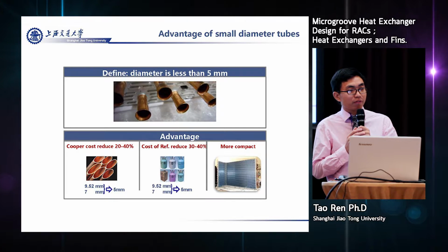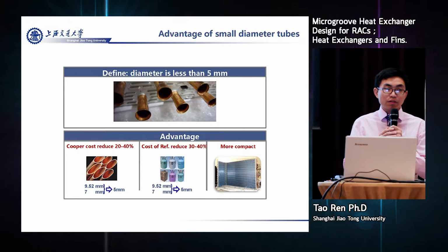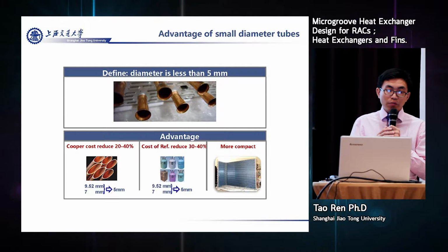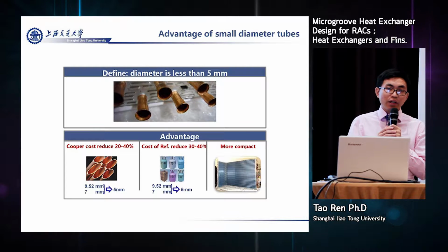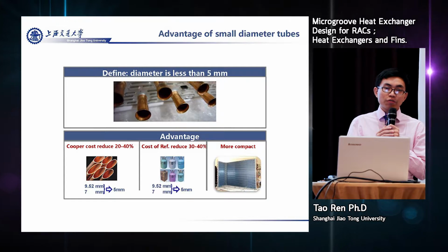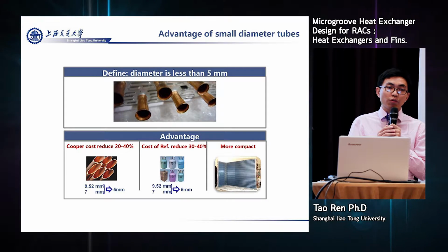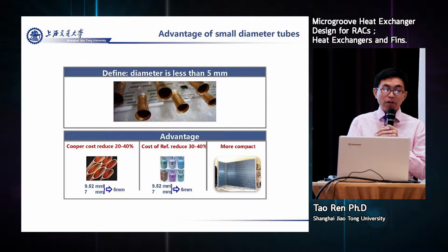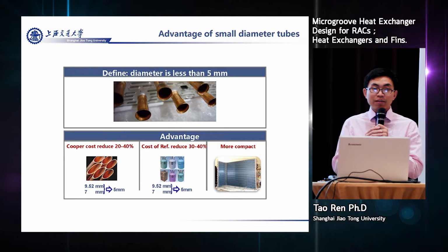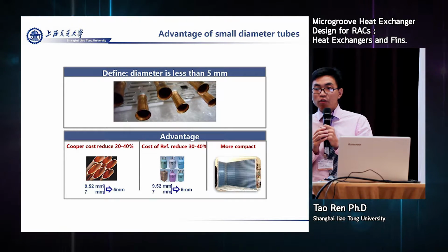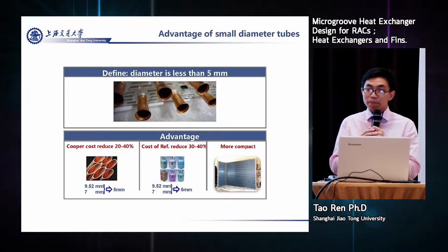And in my experience, in some cases, when we want to get very high efficiency and our volume is very limited, especially for the indoor unit, the 5 millimeter performance is much better than the 7 millimeter or the 9.5 millimeters.